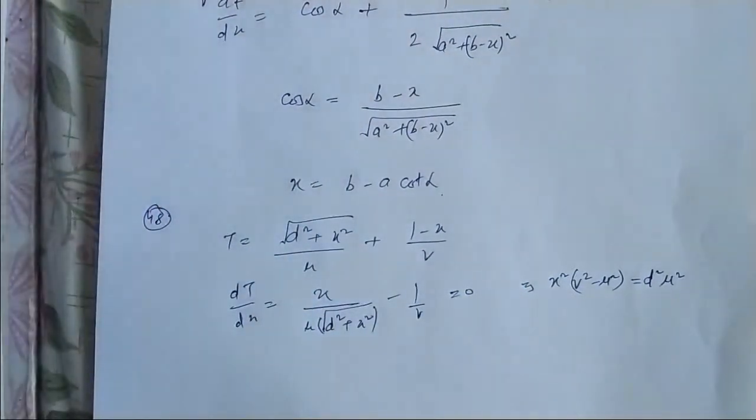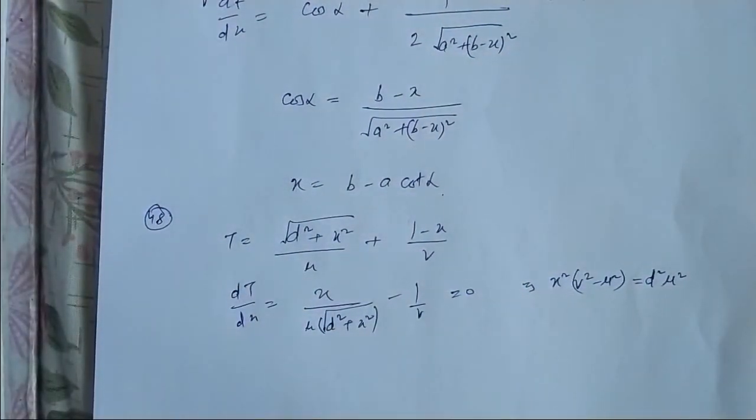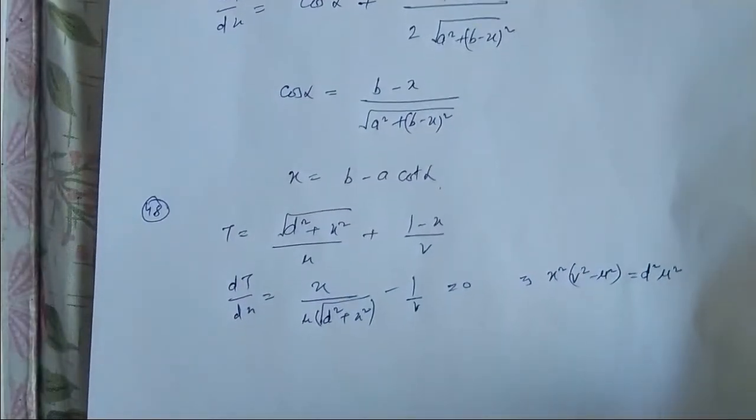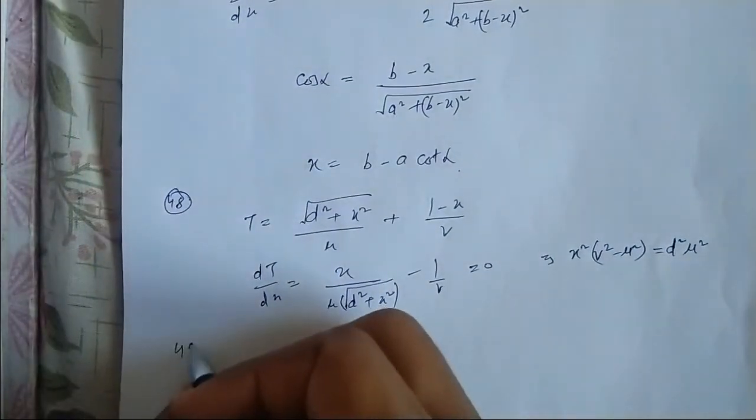Now moving on to the next question, question 49. A running track of 440 feet is to be laid out enclosing a football field, the shape of which is a rectangle with a semicircle at each end.